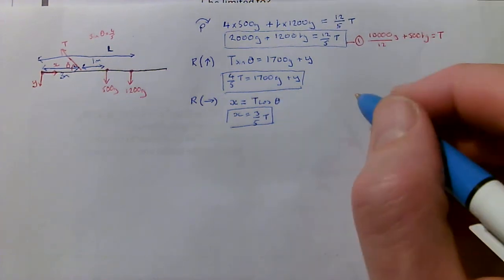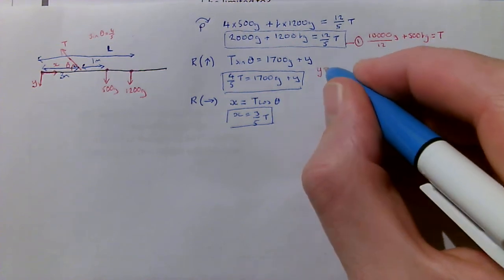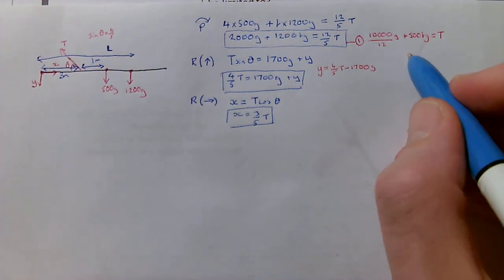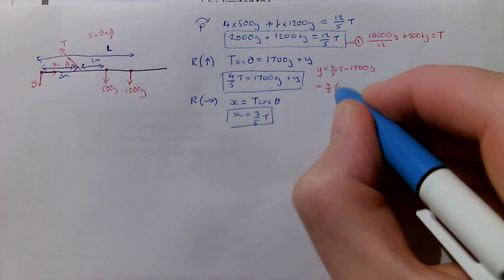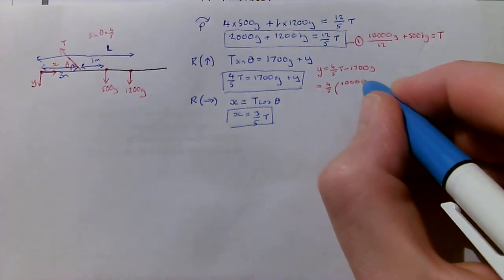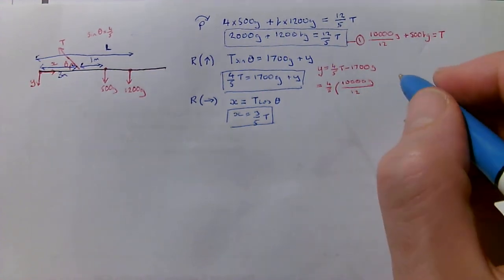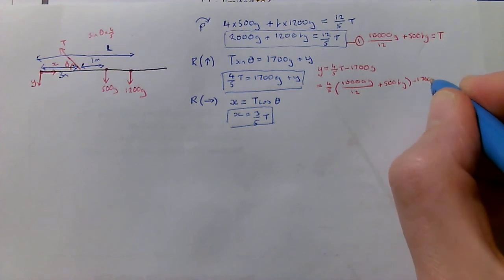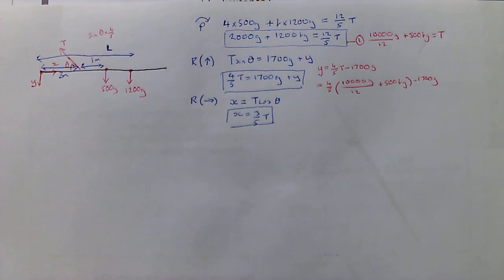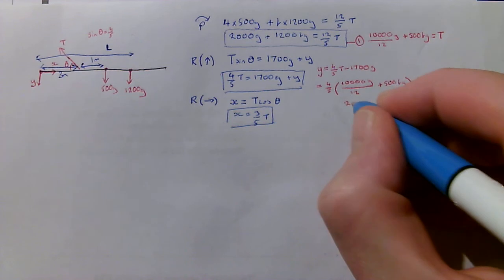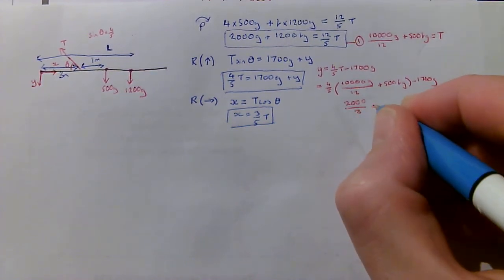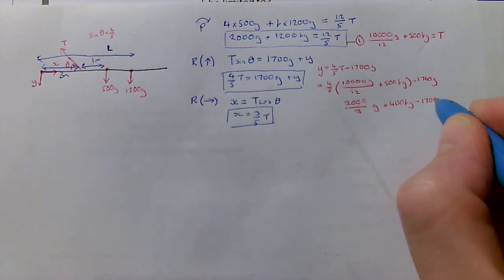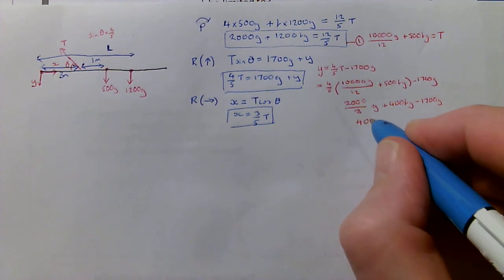I now know that Y equals 4/5 of T minus 1700 G. So I can do 4/5 of this, so it's 4/5 of 10,000 G over 12 plus 500 LG, minus 1700 G. That's going to give me 2000 over 3 G plus 400 LG minus 1700 G, which gives me 400 LG.